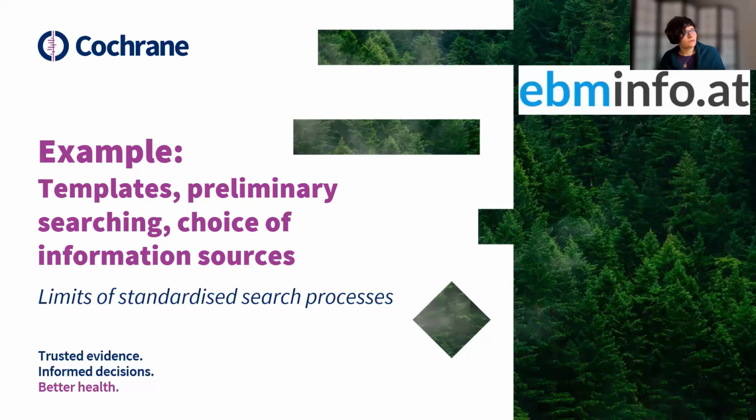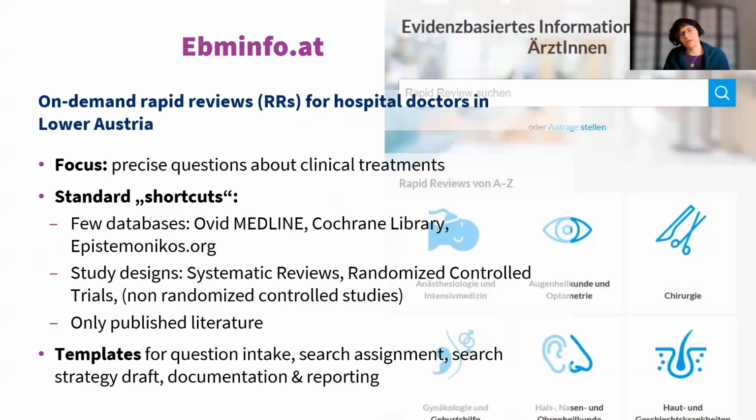So based on my first two areas of recommendations, I have a first example for you, which concerns this planning stage. As Barbara mentioned, I work, amongst other things, for an on-demand rapid review service for hospital doctors.